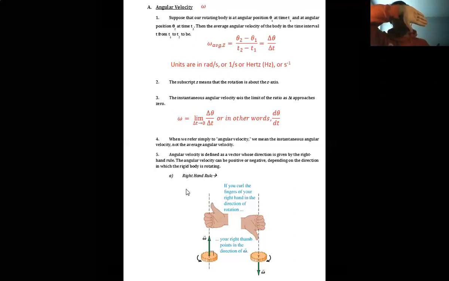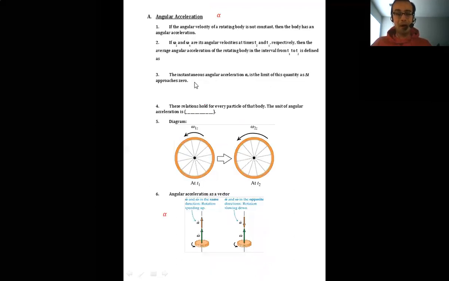If the rotation is negative and it's going clockwise, then my thumb is pointing down, and that is the direction of the angular velocity vector. We can see this illustrated here, where you curl your fingers, and that's the direction of the omega vector. And again, if you're going in the opposite direction, the omega vector is pointing in the other direction. It's very important to use your right hand when you do this, which is why it's called the right-hand rule.